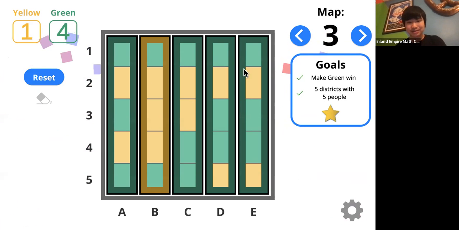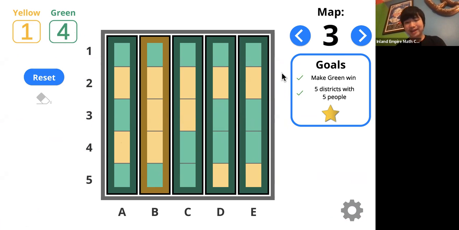But if we look at this, we can see the number of wasted votes that yellow has is quite a lot. All of these votes here are wasted. The way Kevin wasted all of yellow's votes was by, first of all, compacting. It was mainly about splitting the yellow votes up into smaller sections that can then be dominated by green.